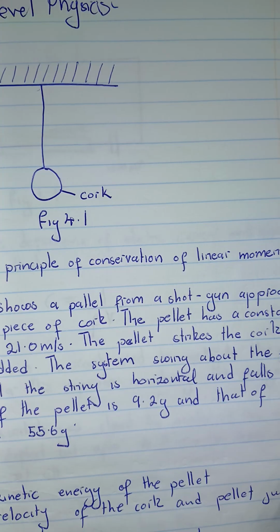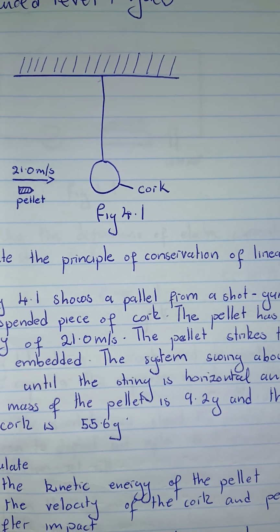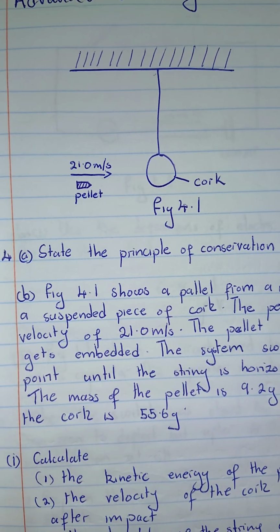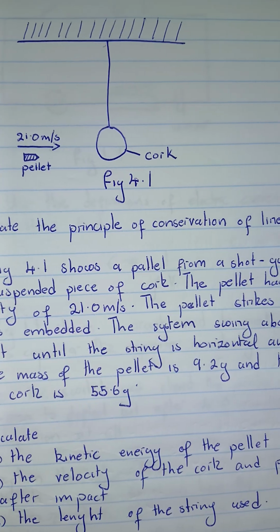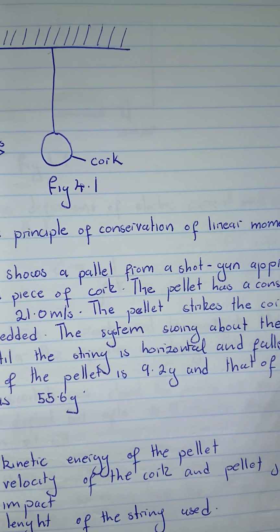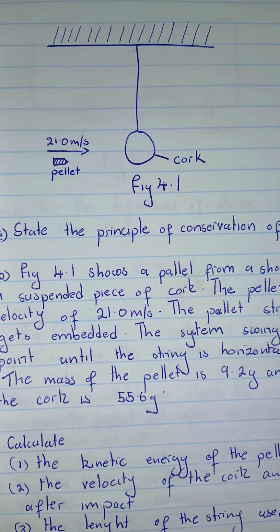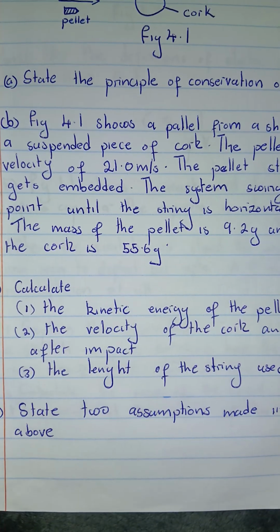The system swings about the fixed point until the string is horizontal and falls back. The mass of the pellet is 9.2 grams and that of the cork is 5.6 grams. Right, let's go to the questions.